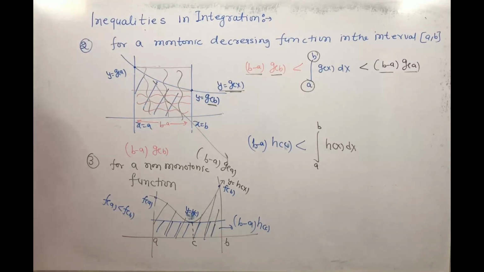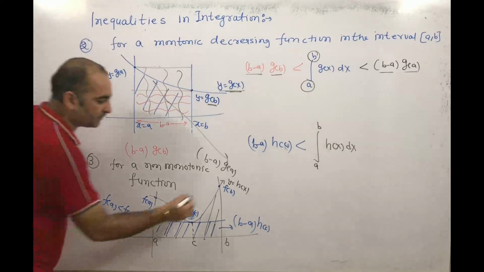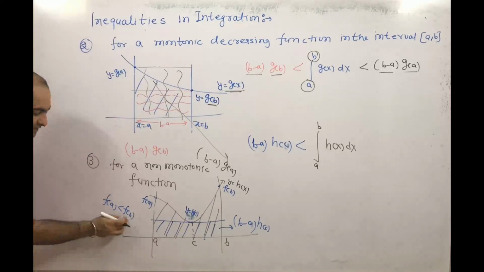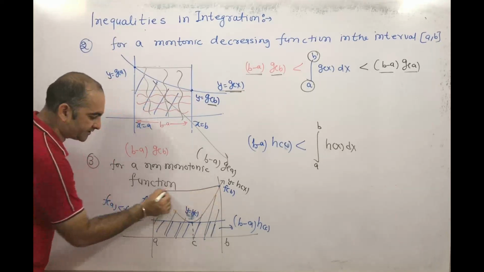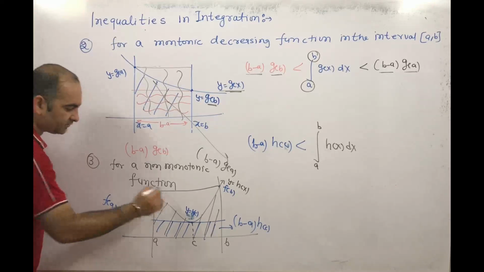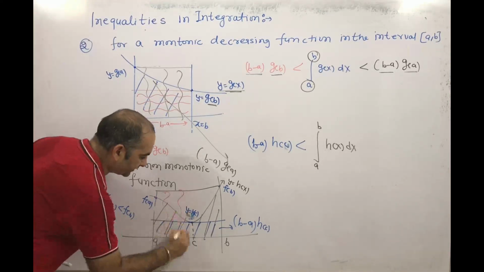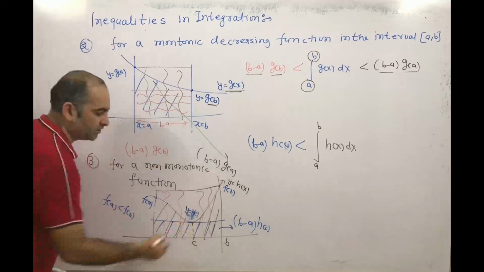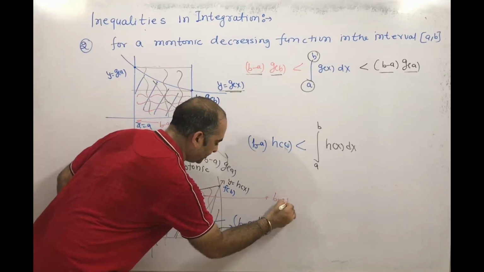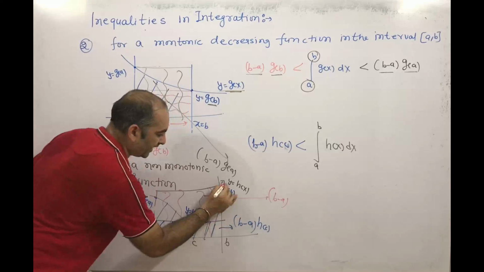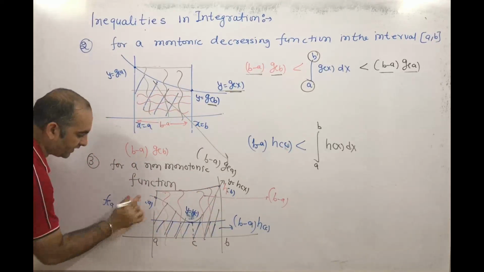Okay, now here we are taking the upper value, because here f of a is less than f of b, so we are taking f of b as the highest. So if you check this one area, I am doing it like that. So what is the area of this one? This one area is (b minus a) into, this one value will come h of b, and this one value is h of a.